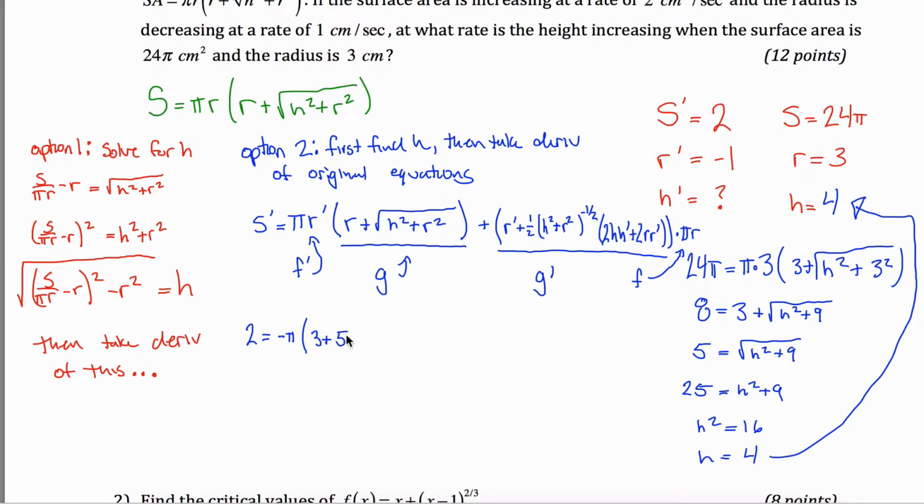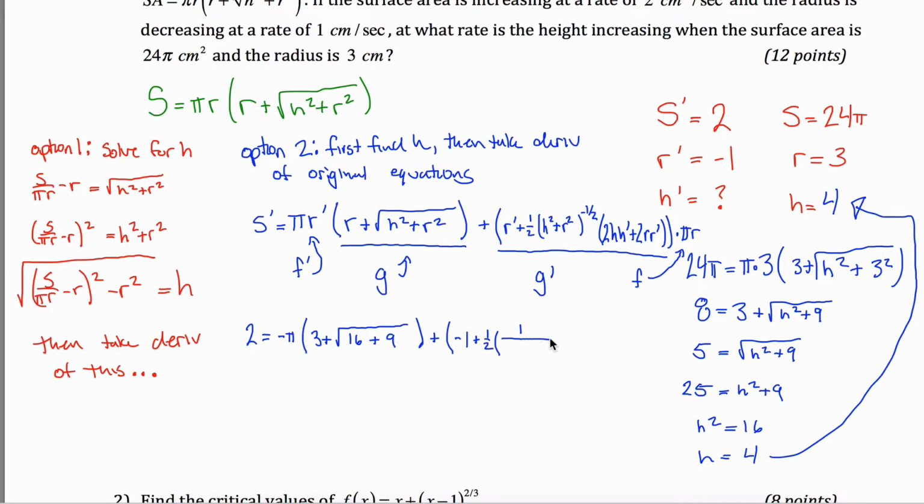So I get 3 plus, how about the square root of 25? I'll write it all out. The square root of 16 plus 9, plus r prime, which is -1, plus 1/2 times h squared plus r squared to the negative 1/2 power.